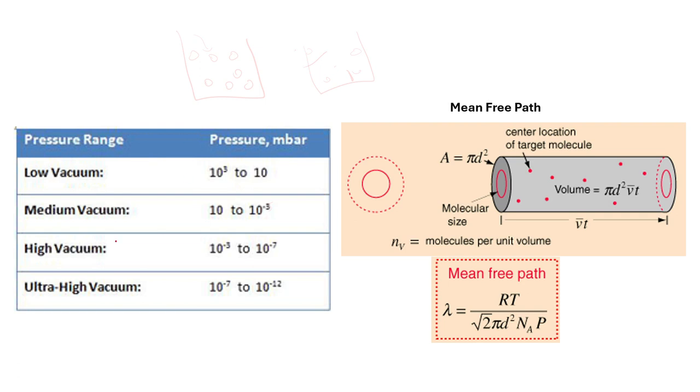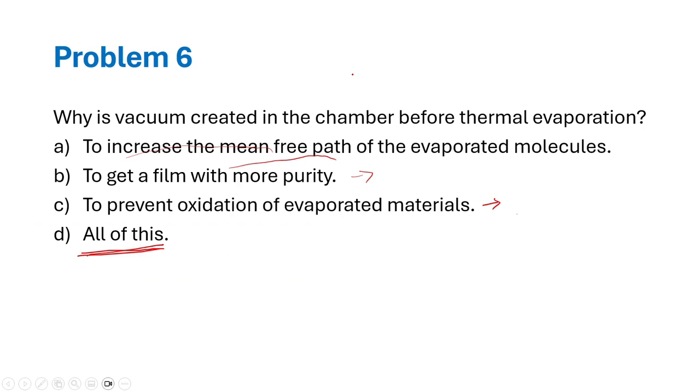If we see option B, we need a film with more purity. What this means is that when we are evaporating the metal, it should not react with any of the ambient present inside the chamber. If it is not in vacuum condition, there may be some oxygen or nitrogen present, which may react with the thermally evaporated metal.